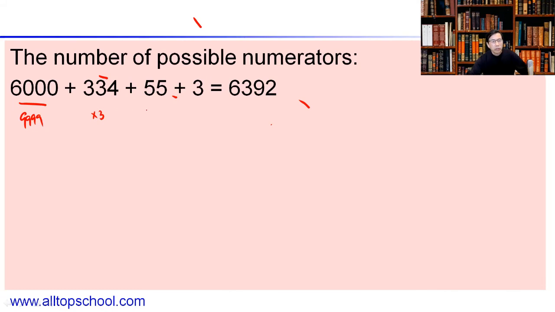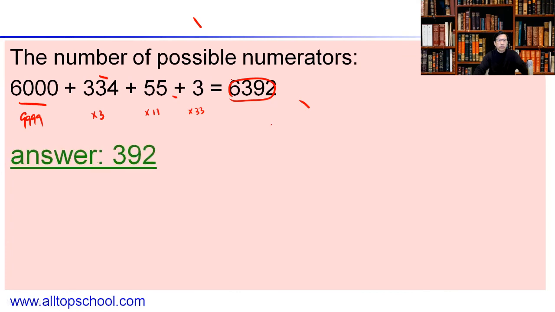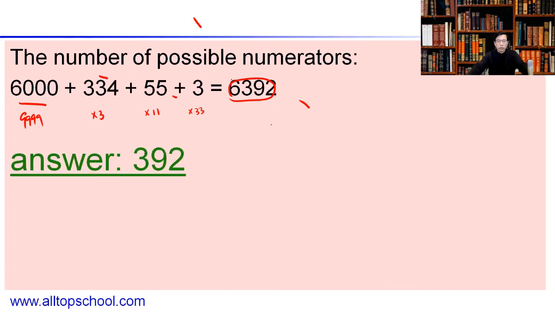This one is a multiple of 11, but not a multiple of 3. But this one is going to be a multiple of 33. So we get the complete list of those numbers for the possible values of the numerator. So the result should be 3,692. And then we find the answer. So we are done then.